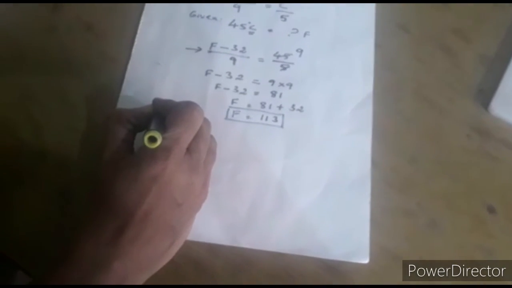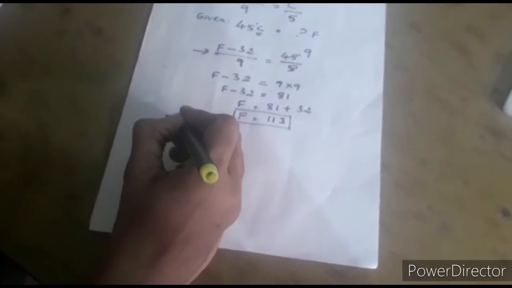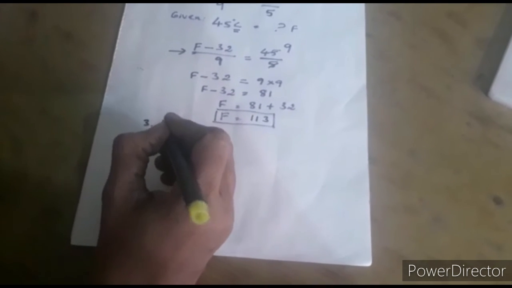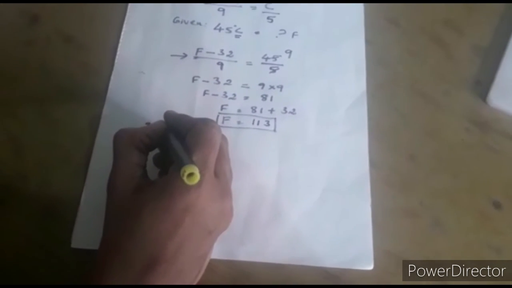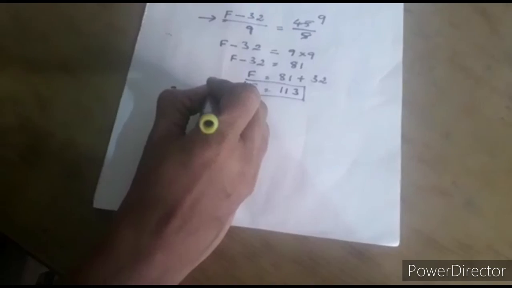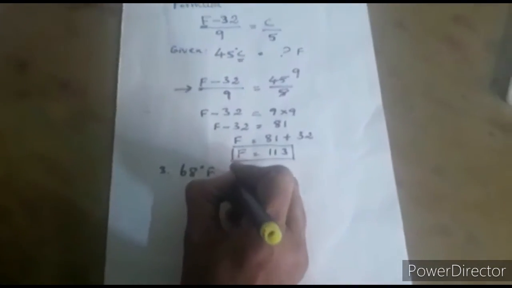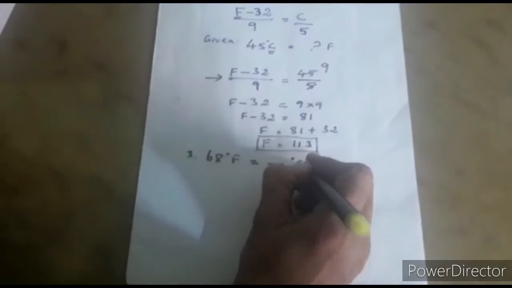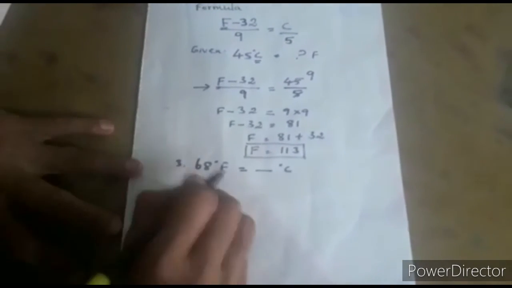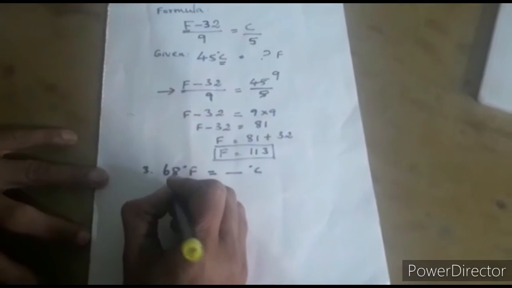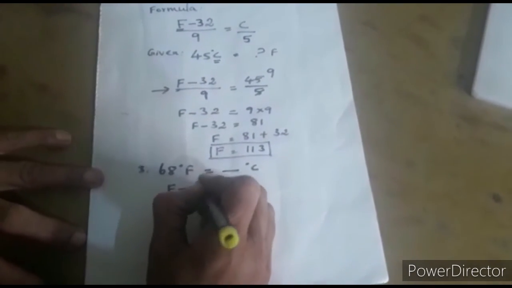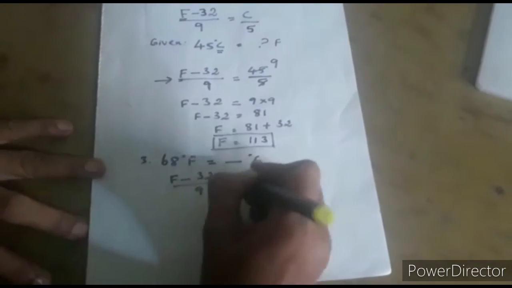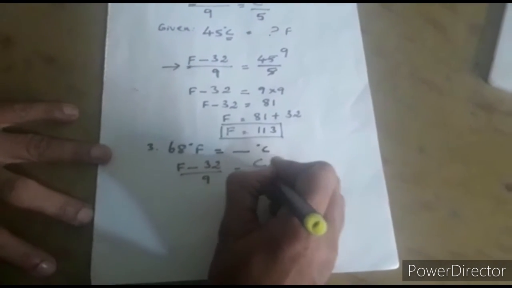Then the next one, the third sum: 68 degree Fahrenheit, you have to convert it into degree Celsius. Okay, children, this also uses the same formula: F minus 32 divided by 9 is equal to C by 5.